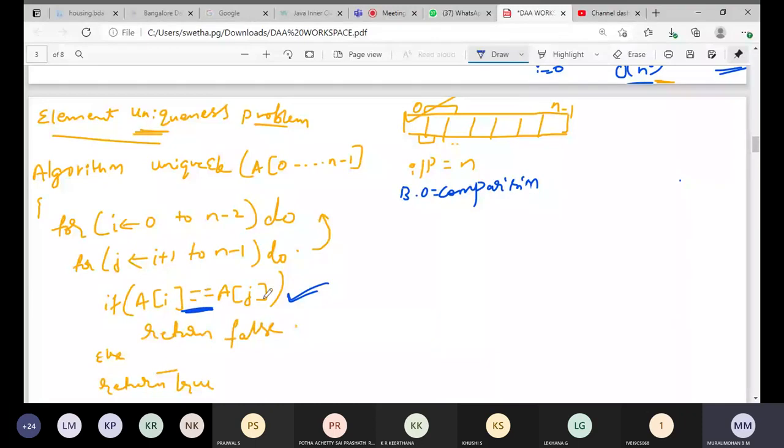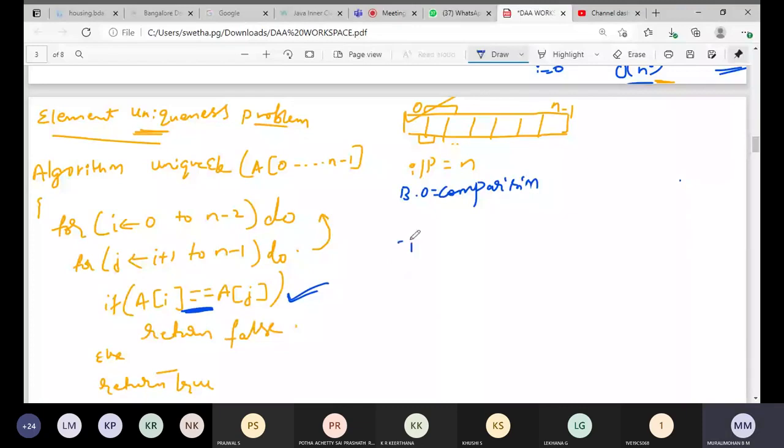Now can we prepare the expression? The worst case, how many times will this be executing?